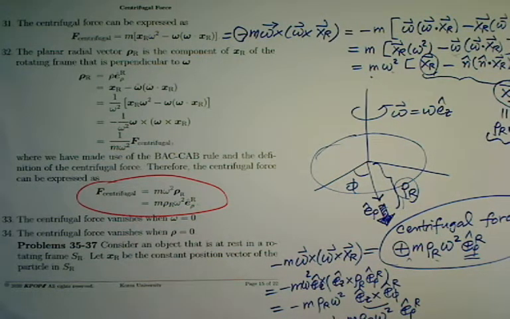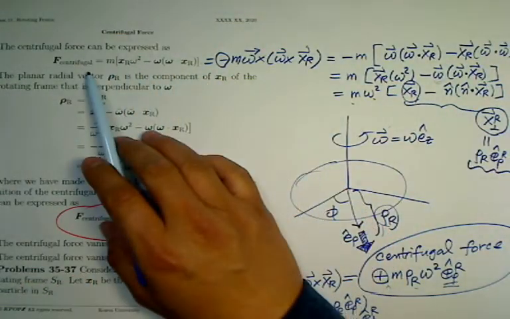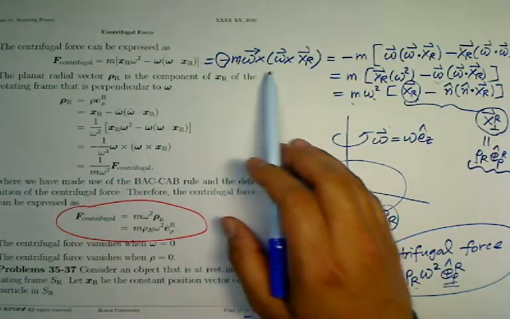The centrifugal force is m times omega cross the negative value of this, m times omega cross this one. The centrifugal force is minus m omega cross (omega cross r).